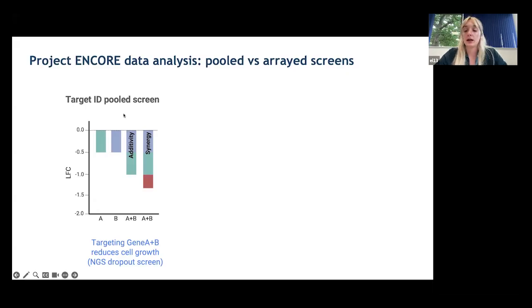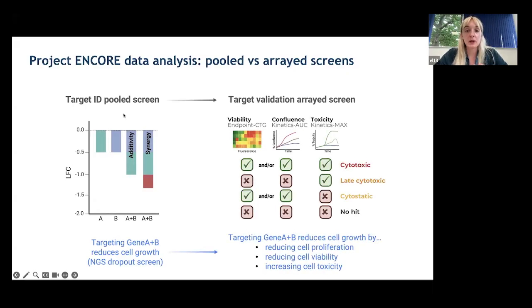at a time. In the validation lab, because we had these three functional readouts, we could use a combination of the three while assessing a target to determine whether that combination is directly lethal to the cells, if it causes a late cytotoxicity effect, or it simply reduces cell proliferation rather than actually actively killing them.